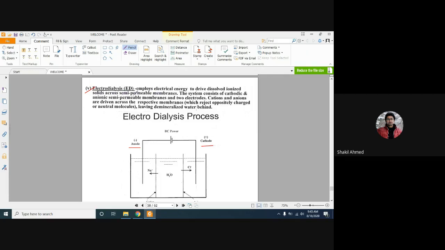What is semi-permeable? It permits some agents to pass through, but it hinders or stops other agents from passing. That's a semi-permeable membrane.